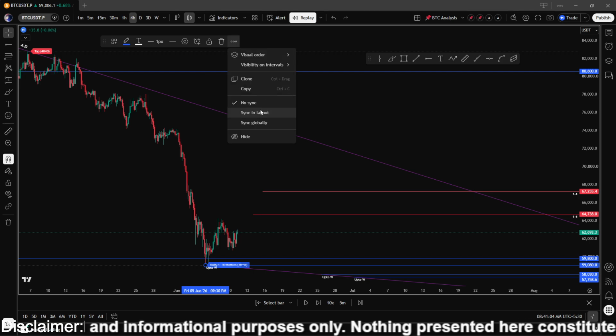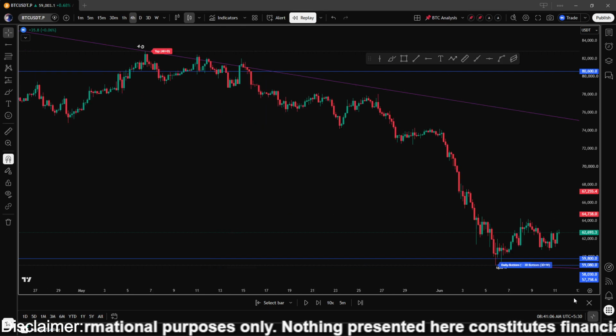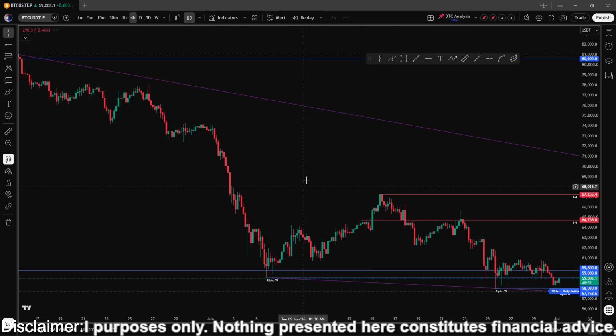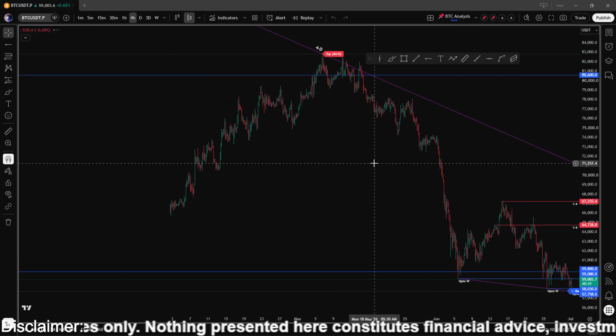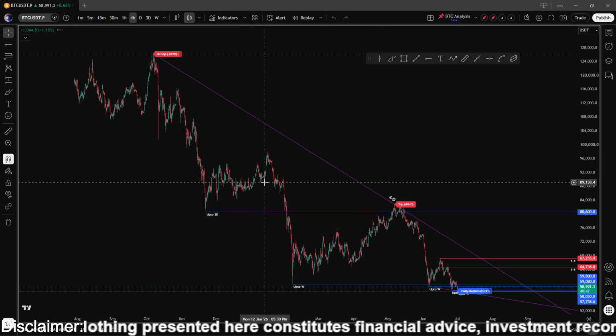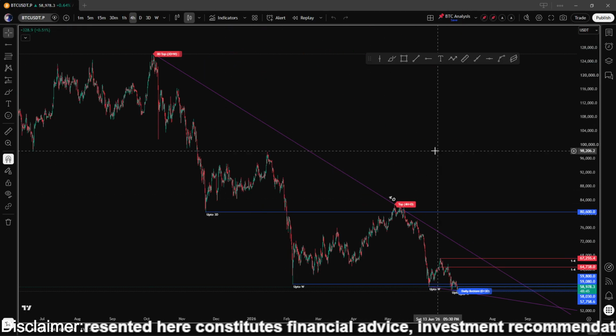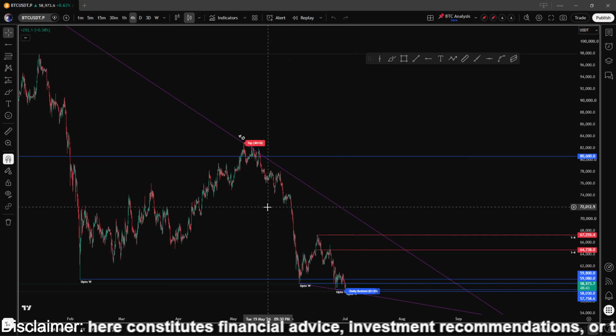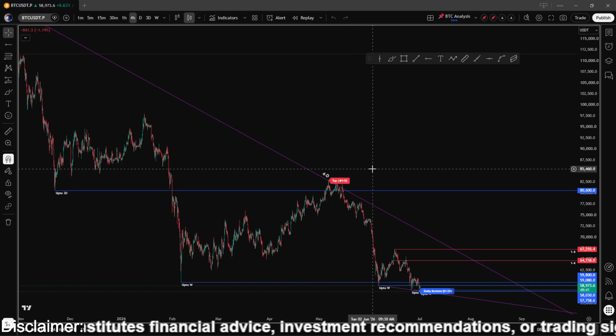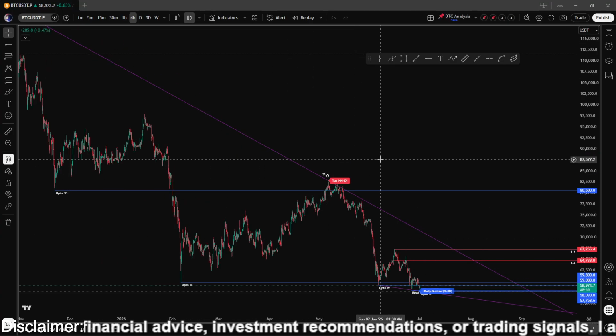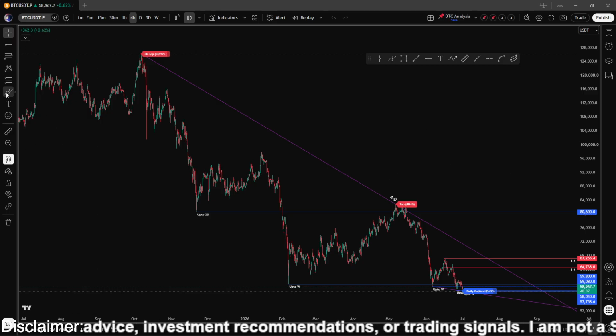So let me just do this too. If you have marked all these levels, then we will be analyzing these levels in the lower time frame.